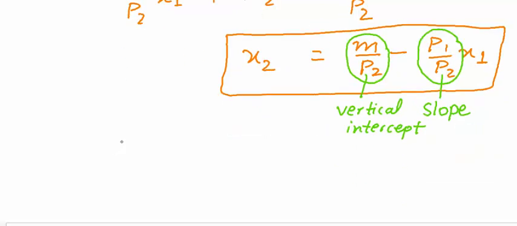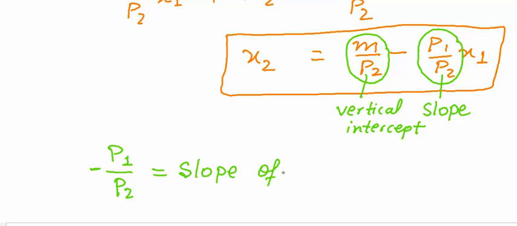Now the slope of the budget line measures the opportunity cost of the consumer. So let's say minus P1 by P2 is equal to the slope of the budget line. This minus sign shows that the slope of the budget line is negative.